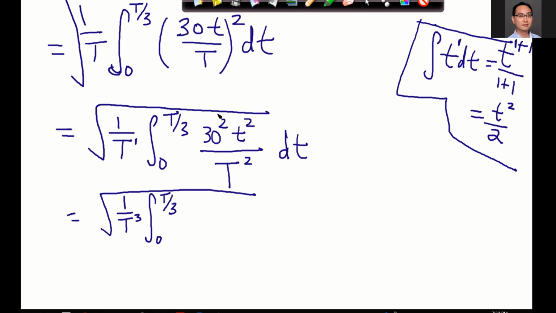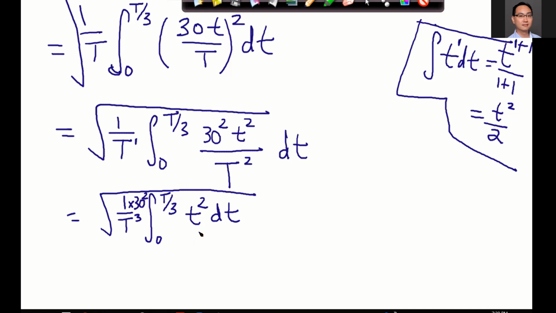Now 30, can I bring it outside or not? 30 square. Can I bring it outside? Can, right? Because this is a constant. So maybe I put a small 30 square outside. Then now I'm left with only the t square dt. This is the part I can do the integration.